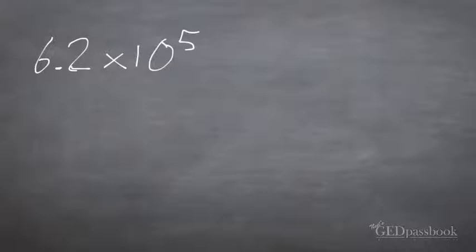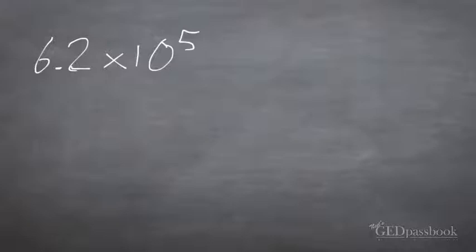But now, what is the big number? Just looking at this, what would this scientific notation equal? Well, you just have to know how to solve scientific notations, and it's pretty simple. Do you see this little decimal point right there, 6.2? Do you see how the 10 is to the power of a positive 5?